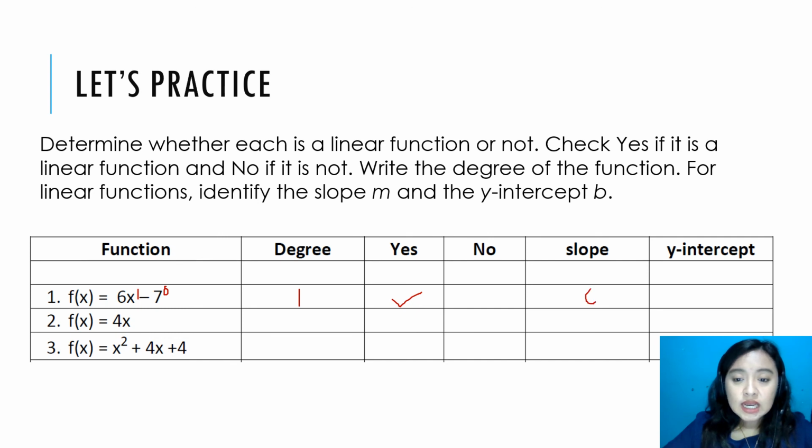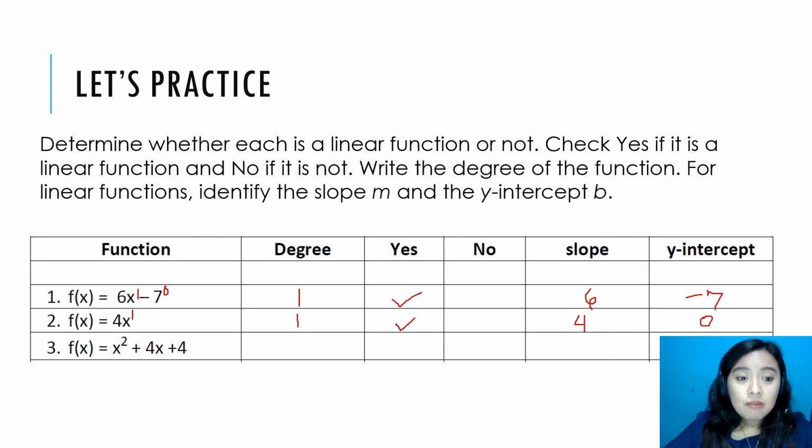Slope niya is 6. Iyahang y-intercept is negative 7. Okay. What if naa diri f of x is equal to 4x? So, pilay degree ani ni x? We have a degree of 1. Linear function ba na? Yes. Pila ang iyahang slope? It is 4 and then iyang y-intercept is 0.